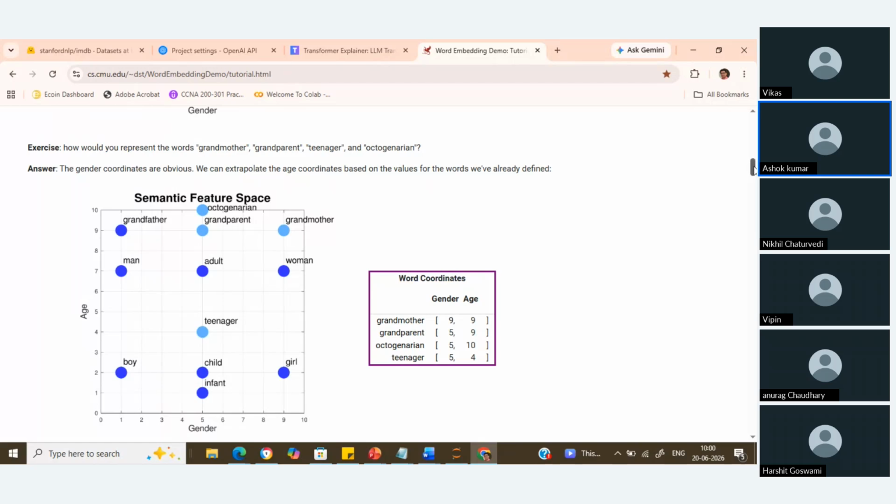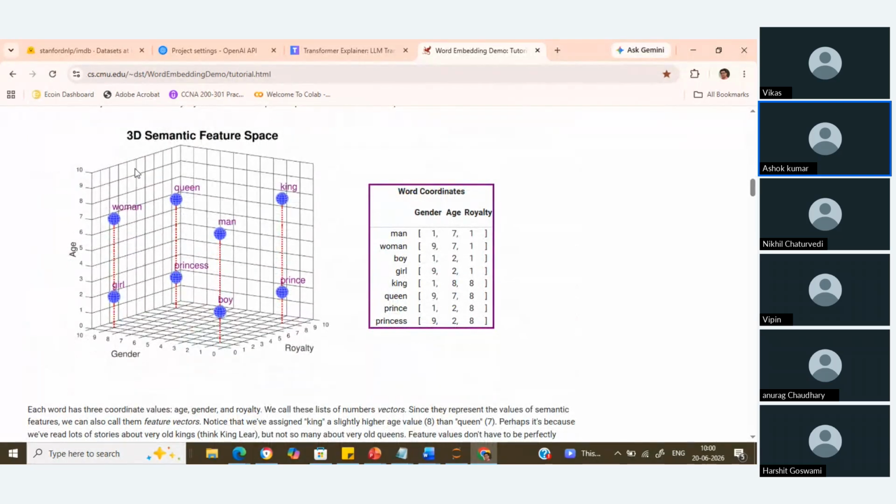Then we have added one more dimension over here, that is the royalty. So the royalty dimension has been added, that is prince, king, and queen.